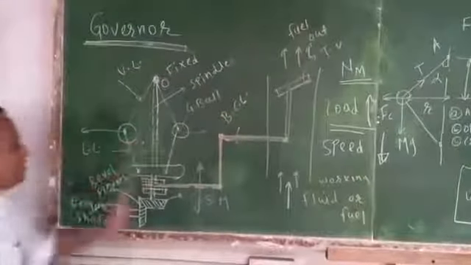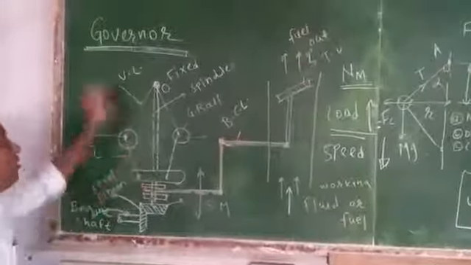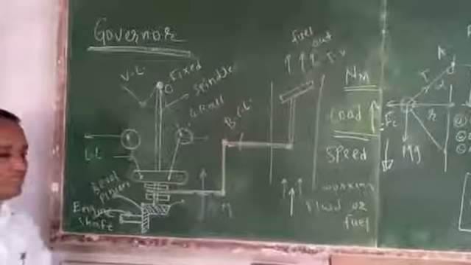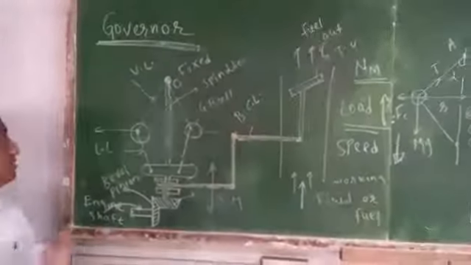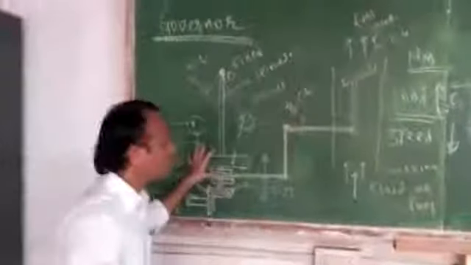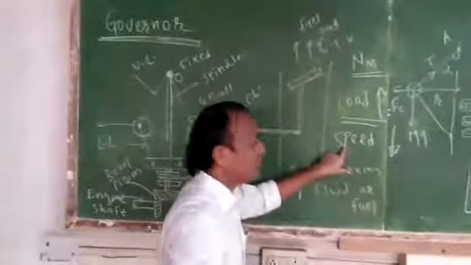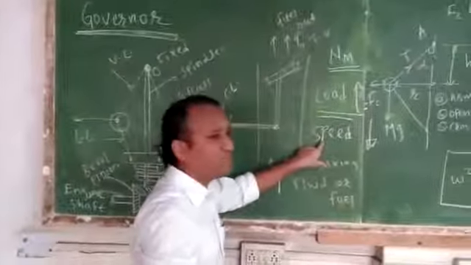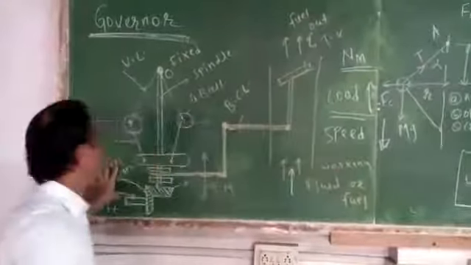See student, how will governor control the engine speed? That we are going to discuss. For example, we are considering that the minimum speed of engine is achieved.